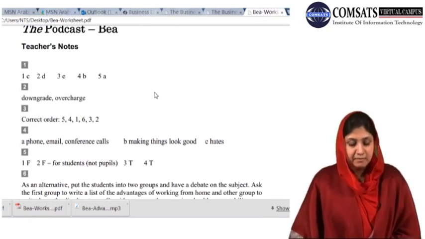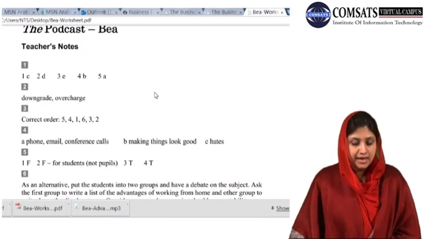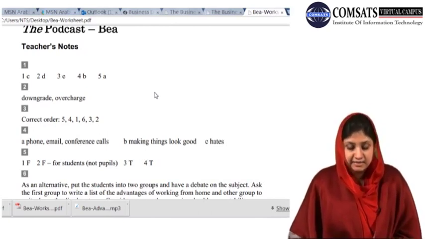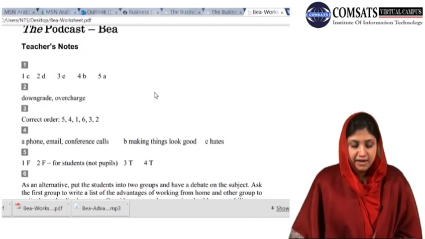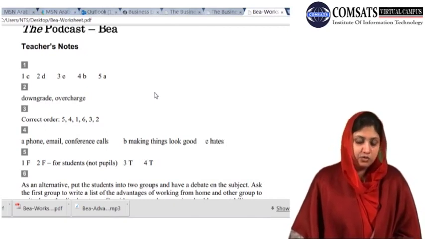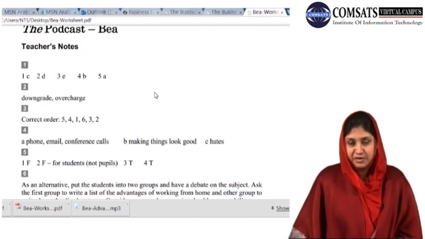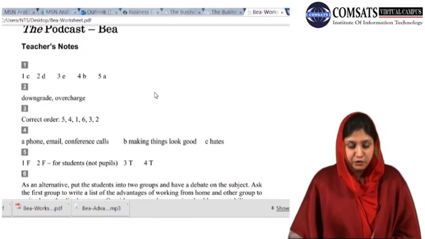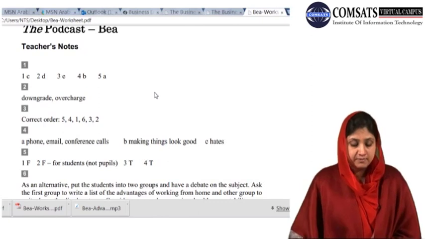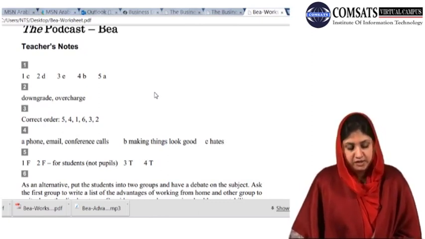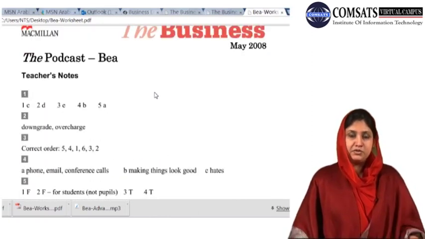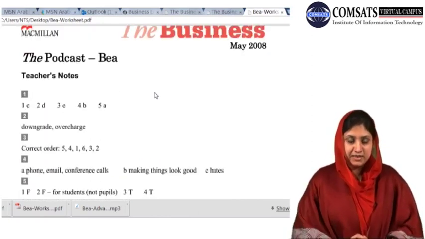Now B is making things look good and hates. 5 is you have to do true and false. The first one is false, second is false too. She does it for students, not pupils. And third is true, and fourth is a true statement. So this was all for today's listening activity.